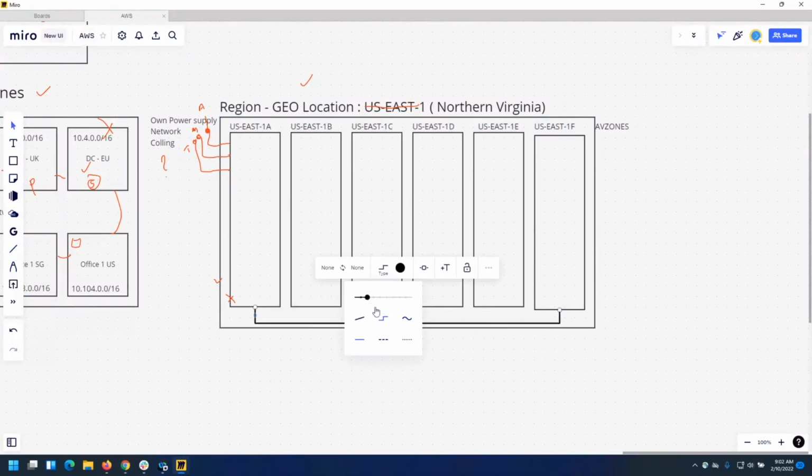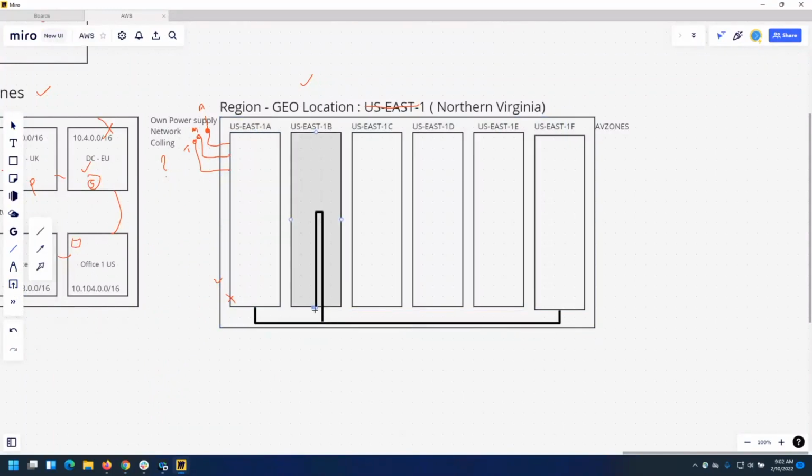All these zones are interconnected. So why do they need to be interconnected?